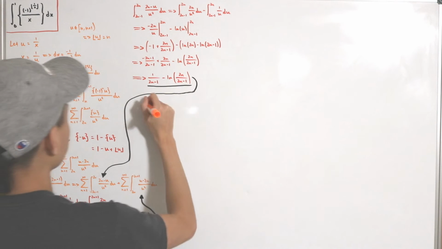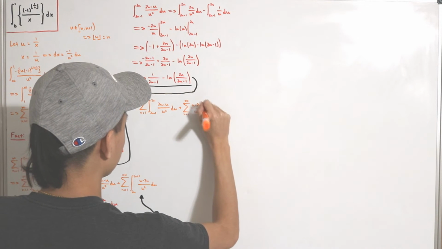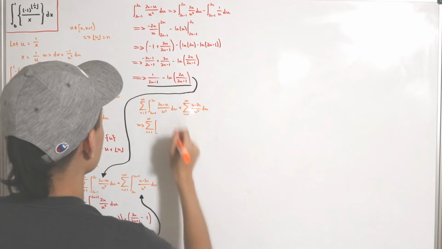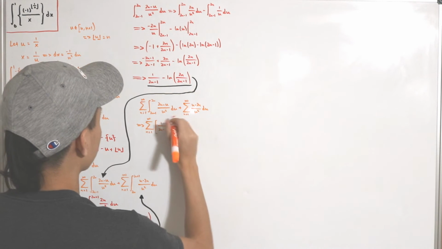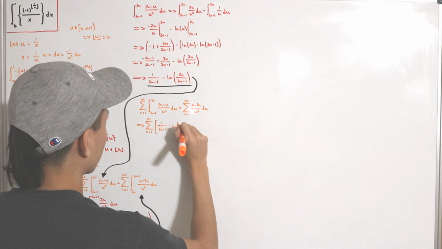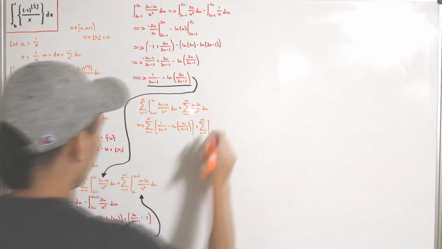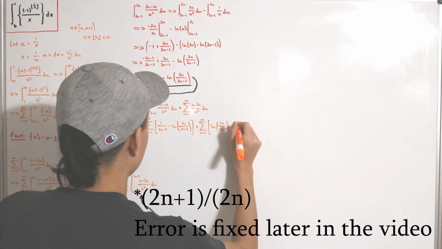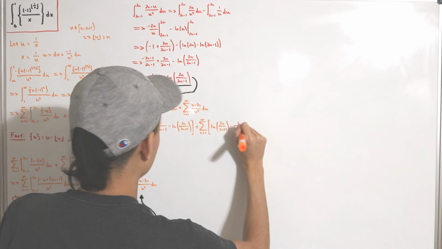So the sum of the integral of u minus 2n divided by u squared du is, from here, 1 divided by 2n minus 1 and minus ln of 2n divided by 2n minus 1. And then we add this with our other sum, which is ln of 2n divided by 2n plus 1, and then subtract that with 1 divided by 2n plus 1.